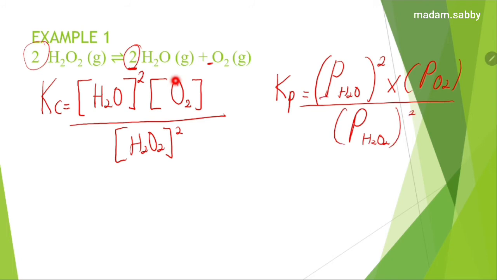This P is italic and must be a capital letter, and the g for gases looks like a subscript, very small. So this is my Kp expression.